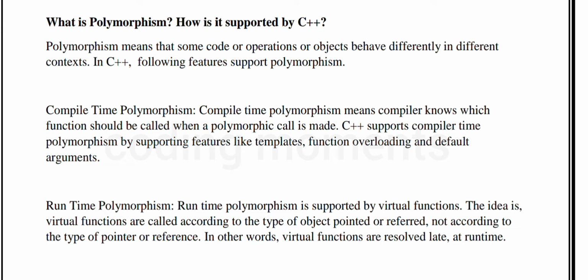Compile time polymorphism means the compiler knows which function should be called when a polymorphic call is made. C++ supports compile time polymorphism by supporting features like templates, function overloading, and default arguments.